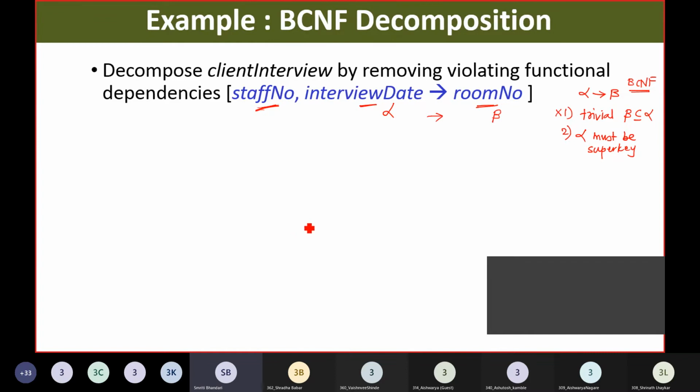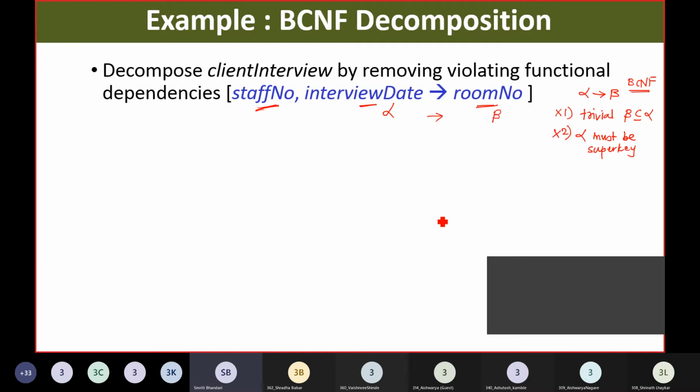But if we look at our instance of the relation, we may come across a situation where staff number, interview date is not determining all the attributes of this relation, and that is why staff number, interview date is not my super key.